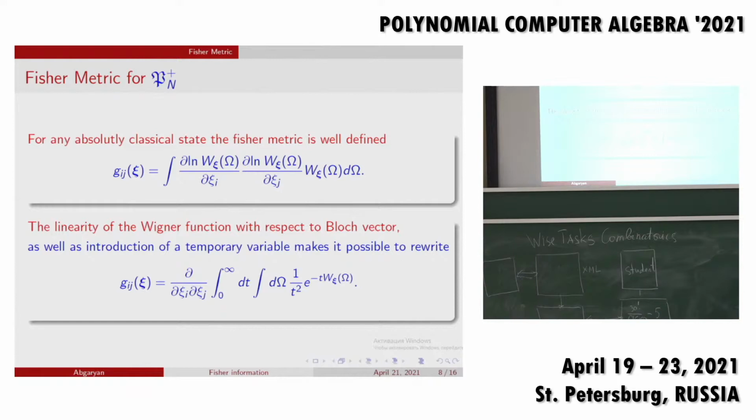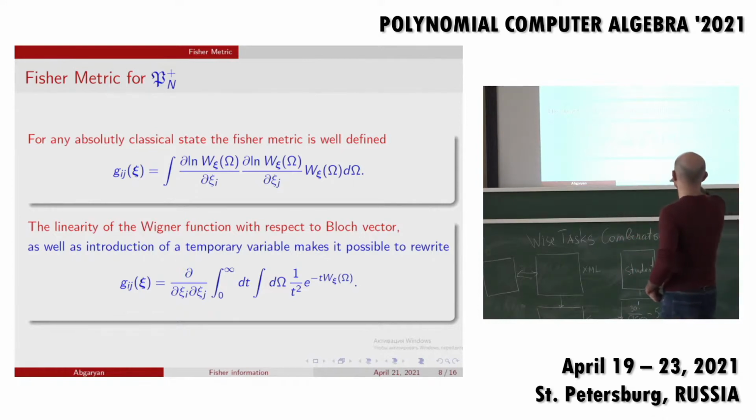Now, for the elements of this state space, or of this Pn plus, we may introduce without any problem the Fisher classical information matrix. Now the problem boils down to trying to calculate this information matrix and interpret it as a metric on this manifold of classical states.